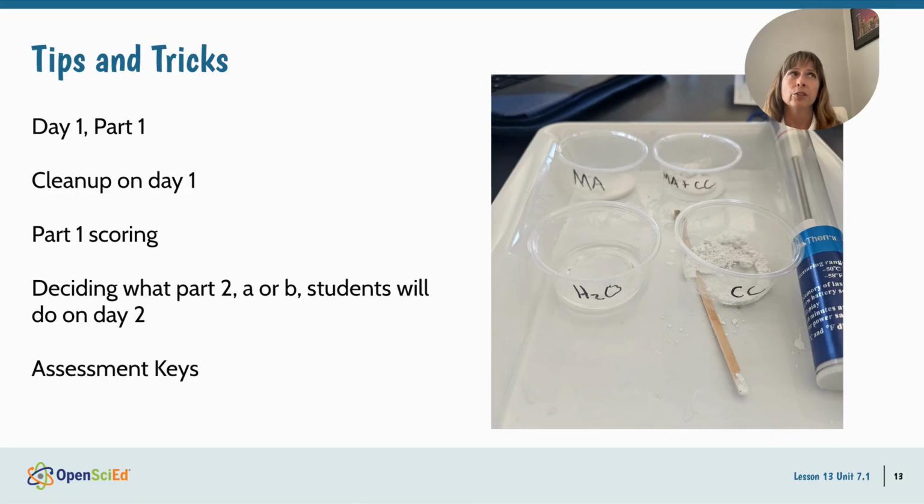You can also have all students complete part 1, grade those, and then use part 2 as a reassessment if it's required. Or you can just do it as intended and have students complete part 1 and then choose part 2A or B the next day.